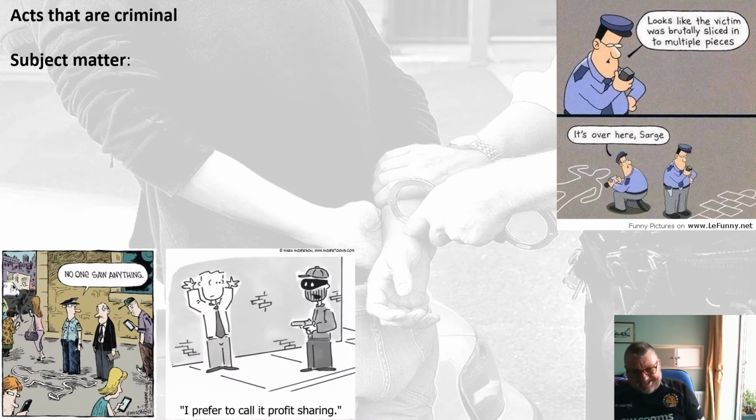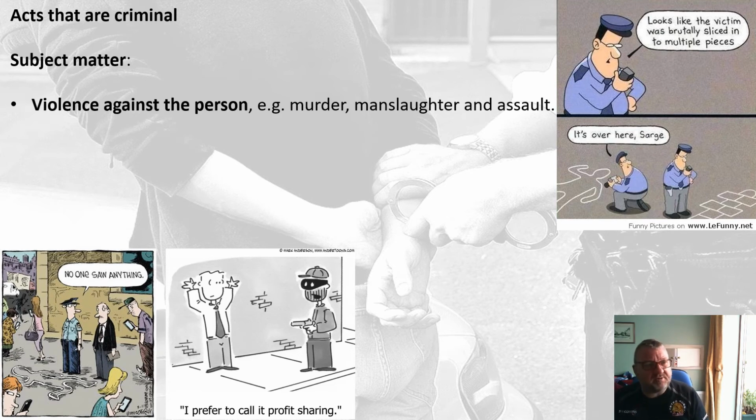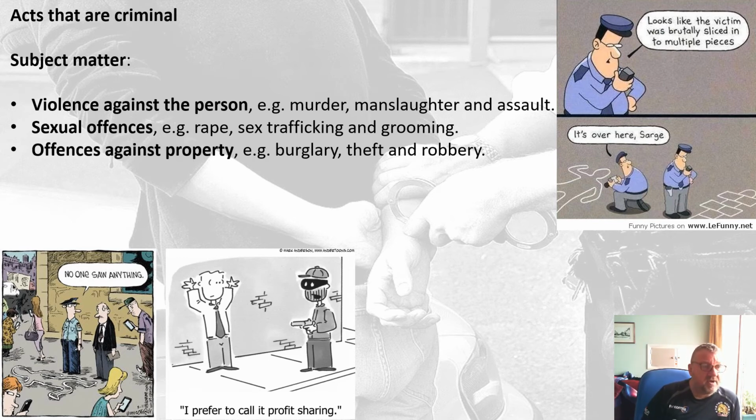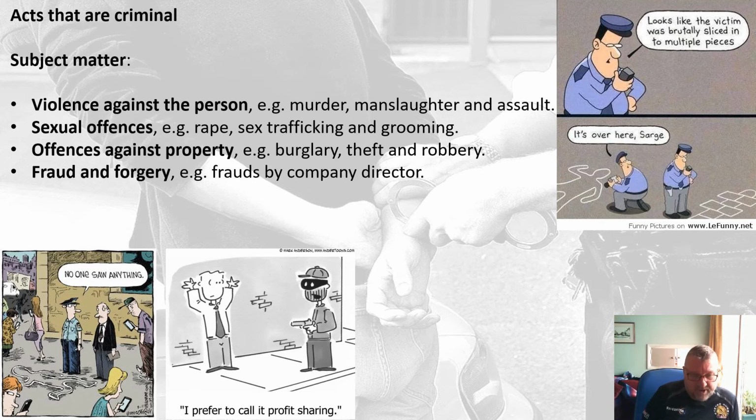So if we go by subject matter, generally you can split up crime into violence against the person, so that would cover crimes such as murder, manslaughter, assault, GBH, that sort of thing. Then you've got sexual offences, rape, sex trafficking, grooming, etc. Offences against property, which will be burglary, theft, robbery.